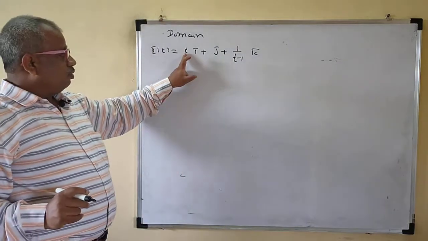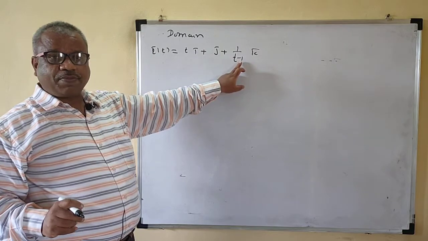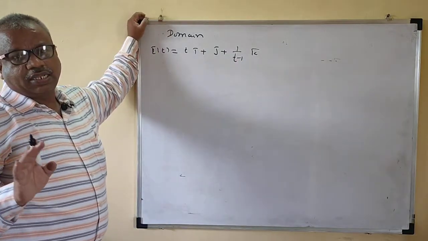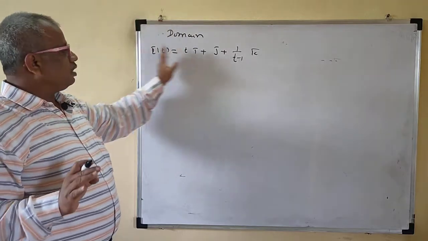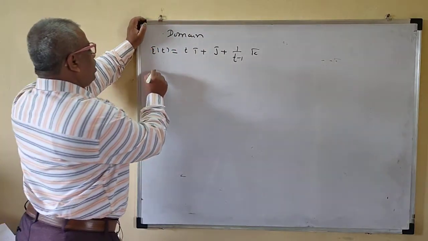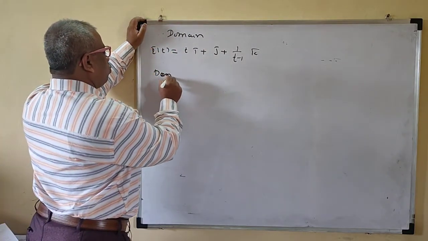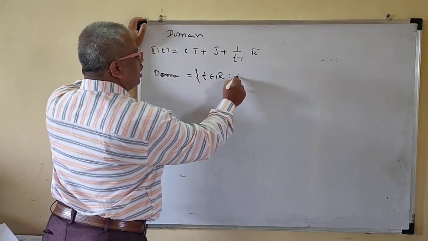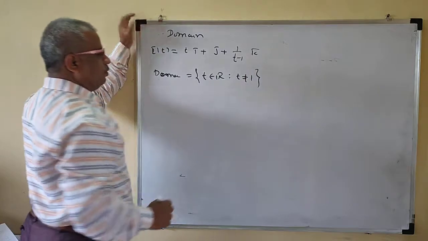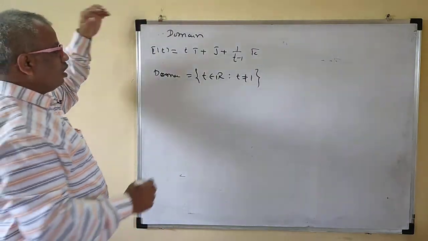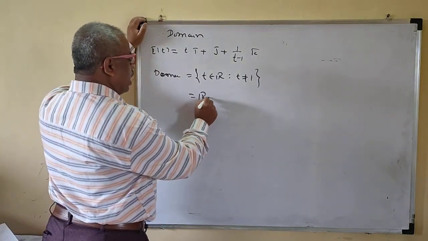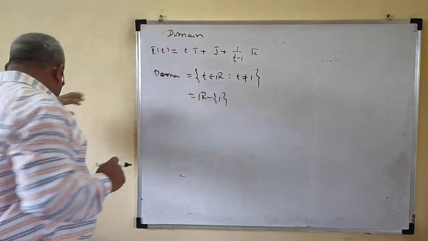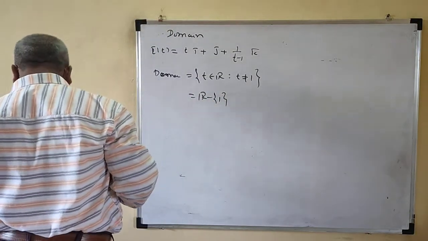Now see here, this vector is not defined at t equal to 1. So the domain is t belongs to R such that t is not equal to 1. This may be written as R minus the singleton 1. This will be the domain of the function.